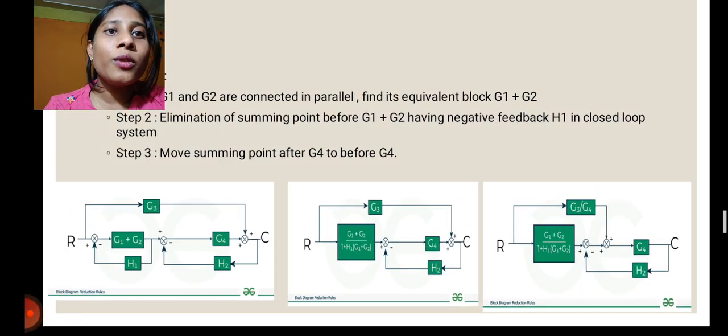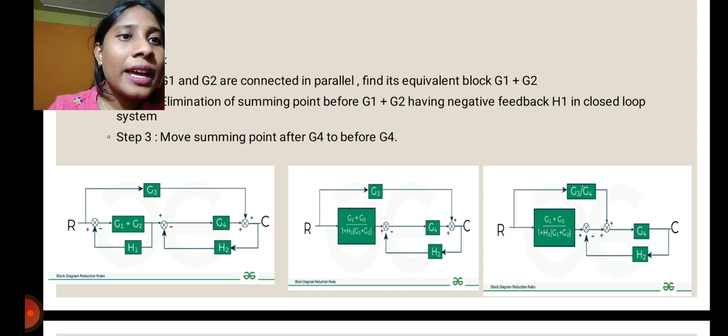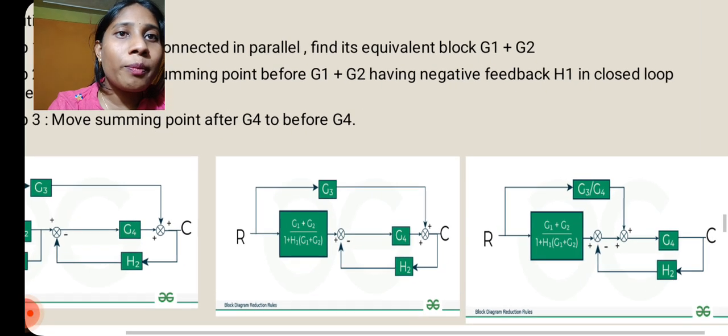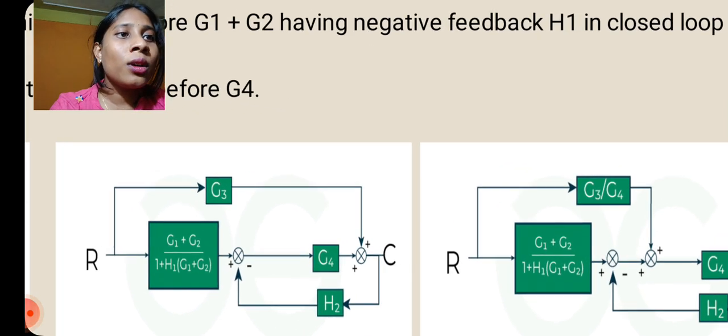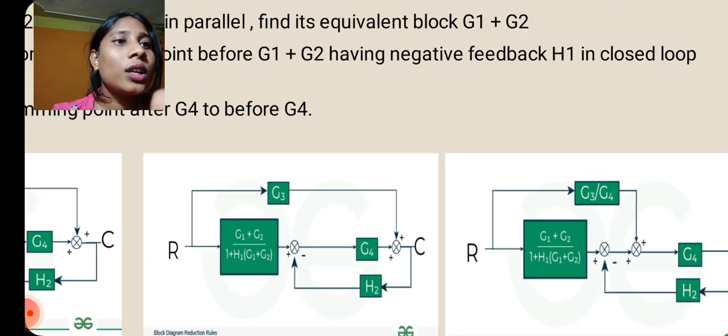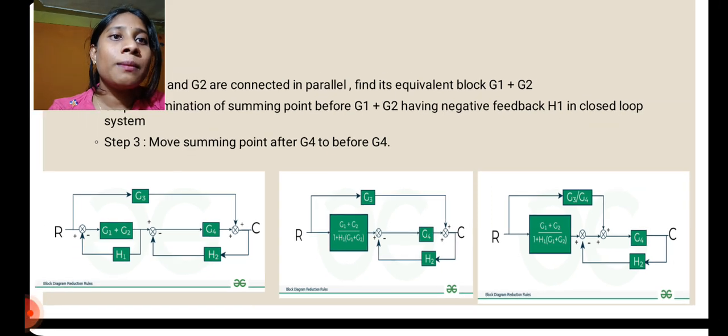Step 3, moving summing points after G4 to become G4. As you can see here, G3 and G4 become the summing points. They both are summing points, and the summing points come together.